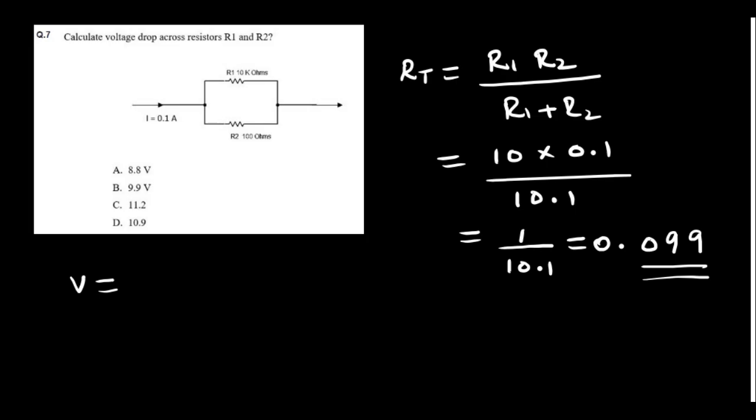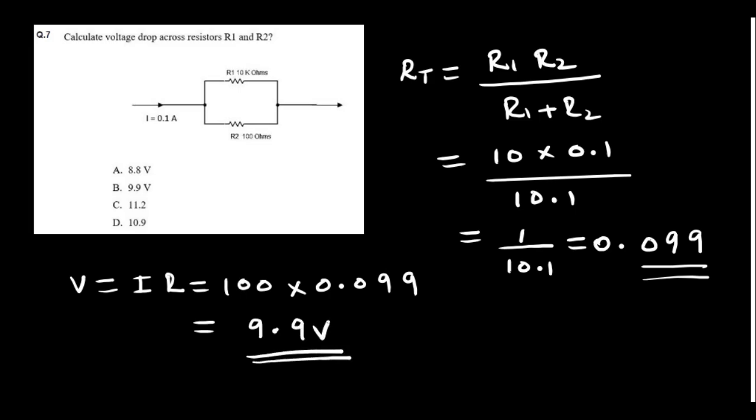So 0.1 amps I can write as 100 milliamps. So I into R equals 100 multiplied by 0.099, which comes to 9.9 volt. This is one method.